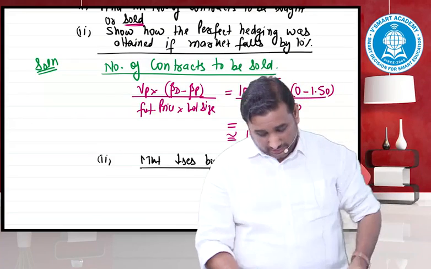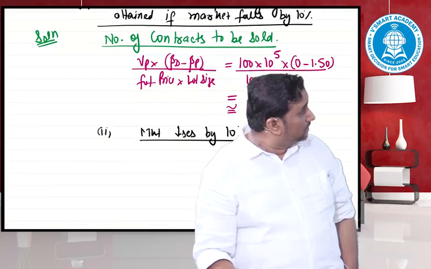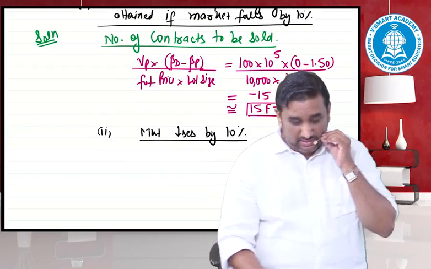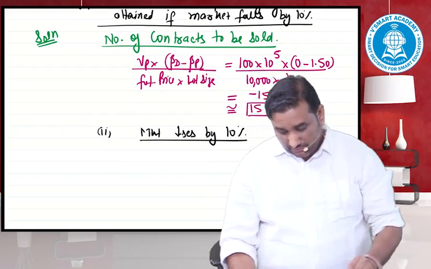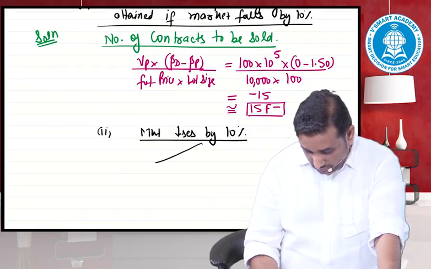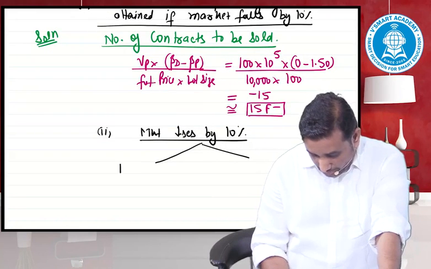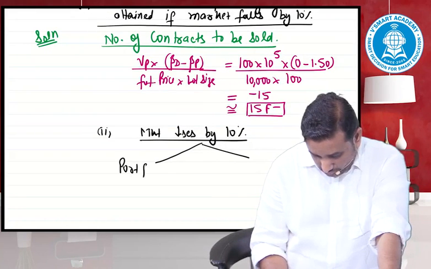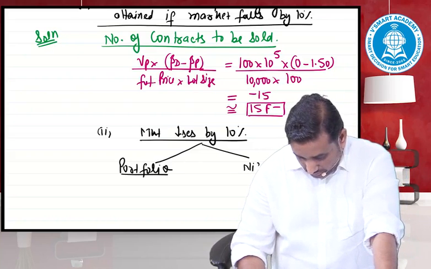Market decreases by 10 percent. Since the market decreases by 10 percent, let us try to create a position. We have two possibilities here: one position is in the portfolio, the second position is in the Nifty futures.